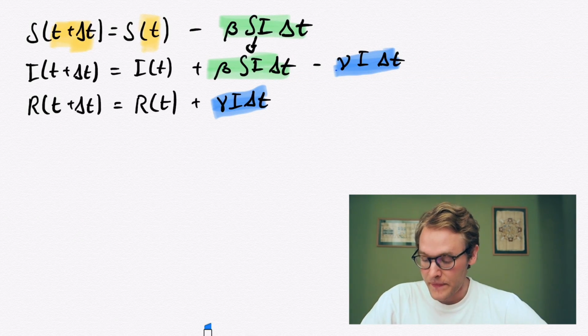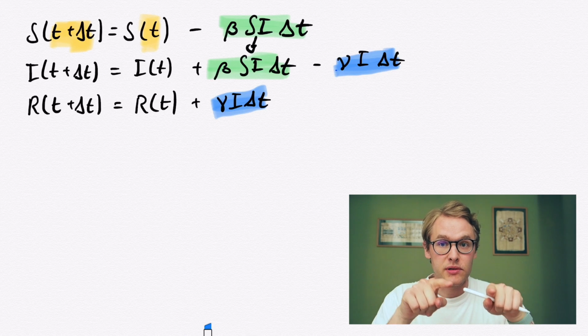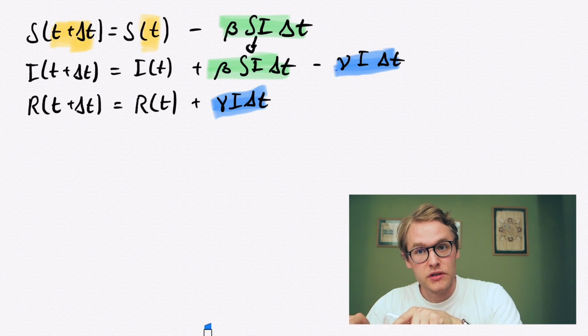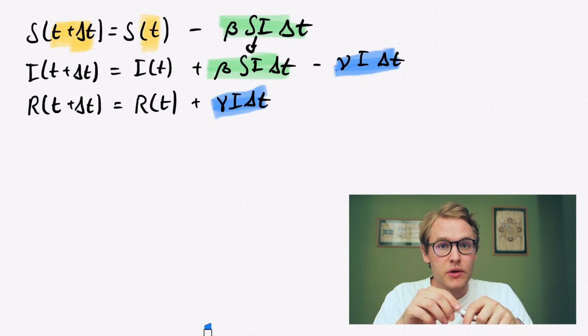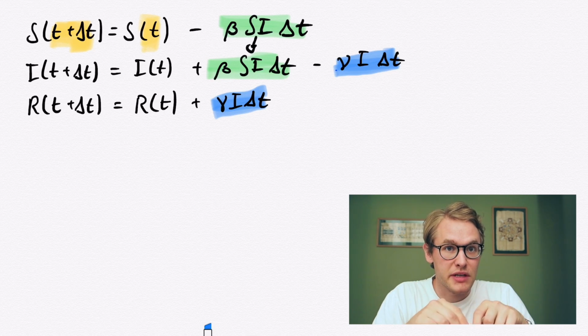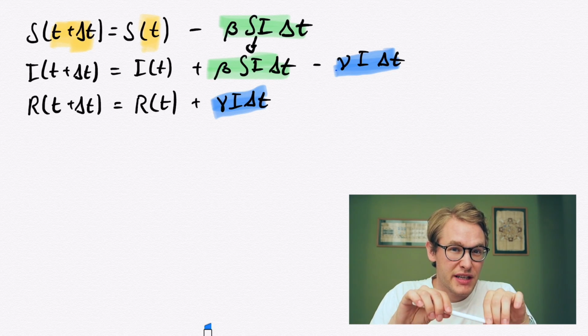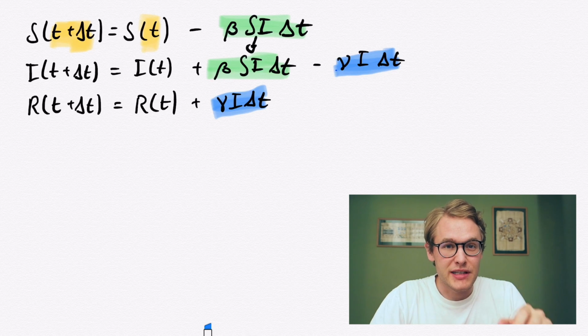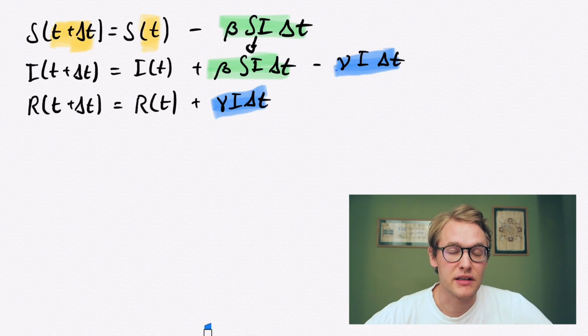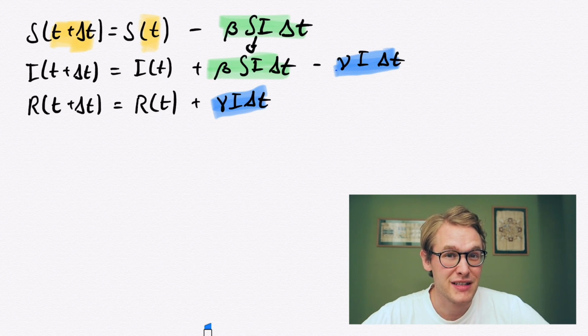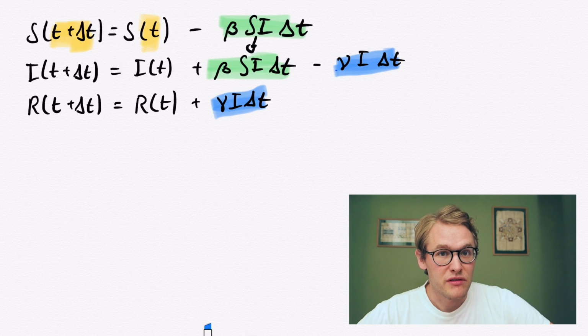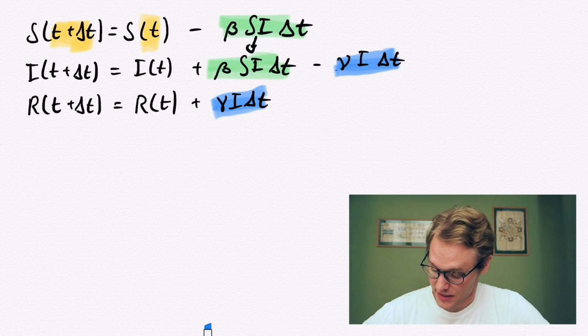And as you can see, since we only move from susceptible to infected to recovered, there's no way for anyone to ever get back to the susceptible group. So this is a somewhat realistic model when you're modeling the normal flu or something like that. You don't really get infected with the same virus twice. There will be a mutation of the virus when the next flu season arrives.